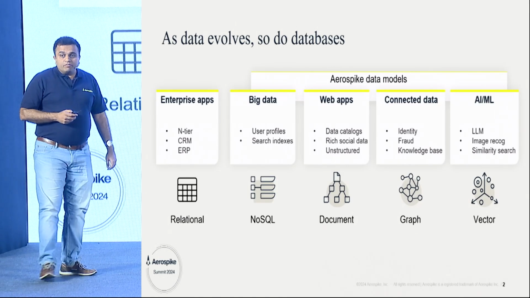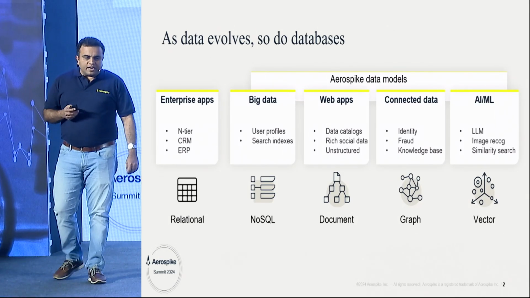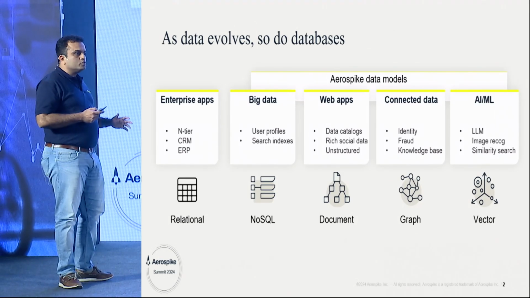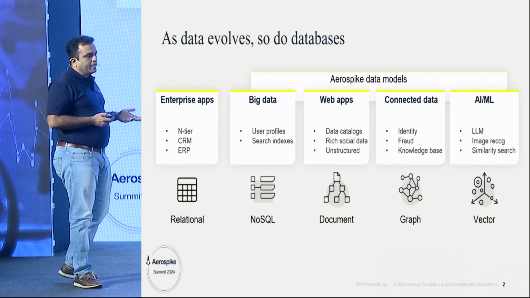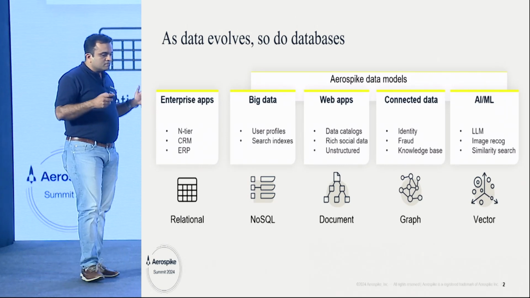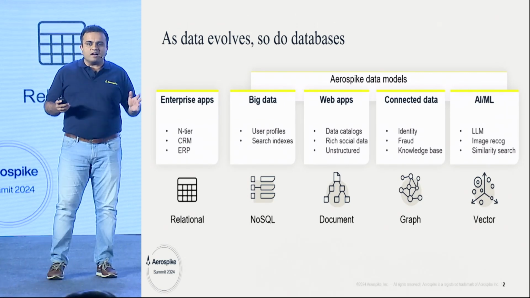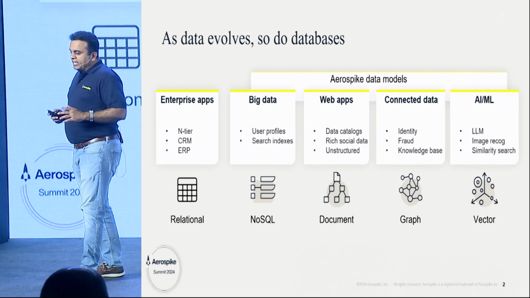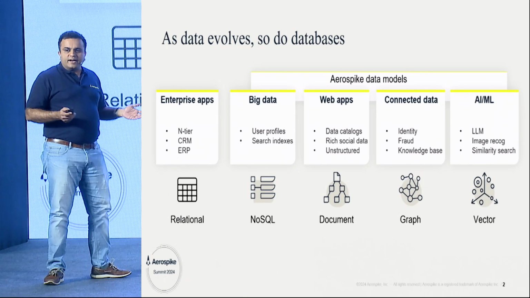You've seen there's been an evolution in the kind of apps that have got built over a period of time. Let's go back 3 or 4 decades. You will be familiar with enterprise applications typically built on n-tiered architecture, monoliths, supported by relational databases.